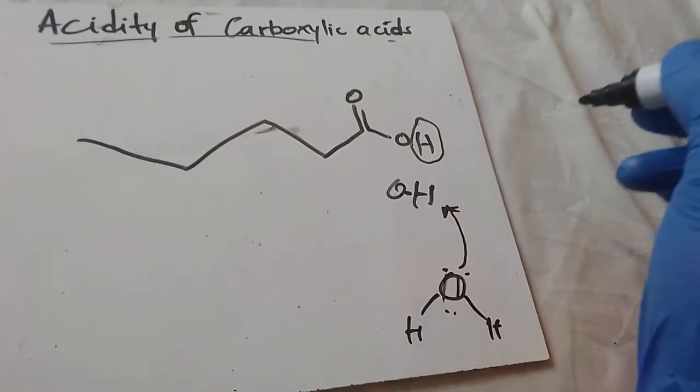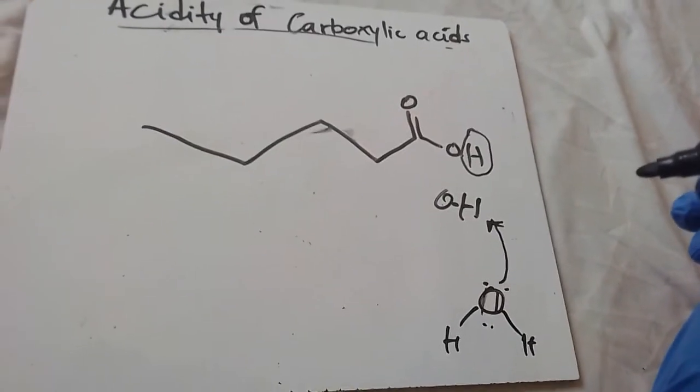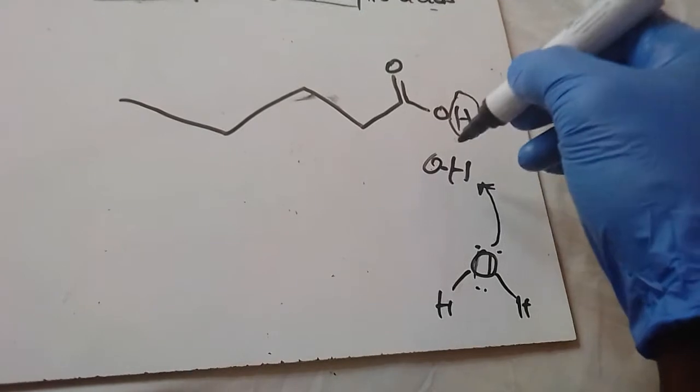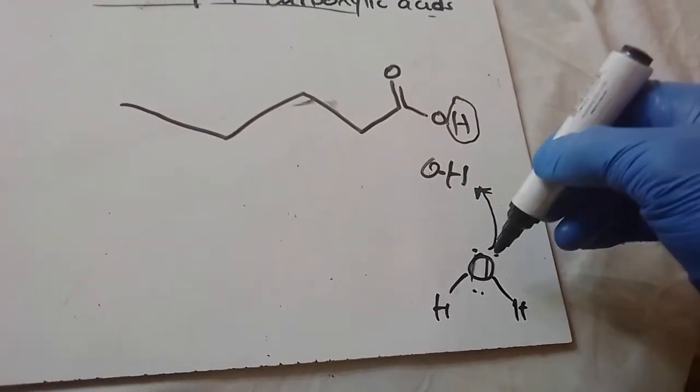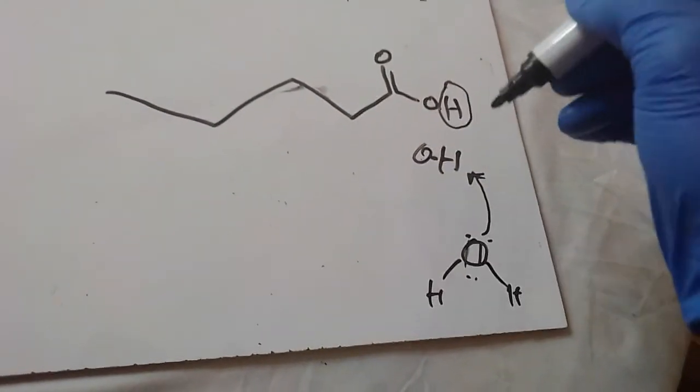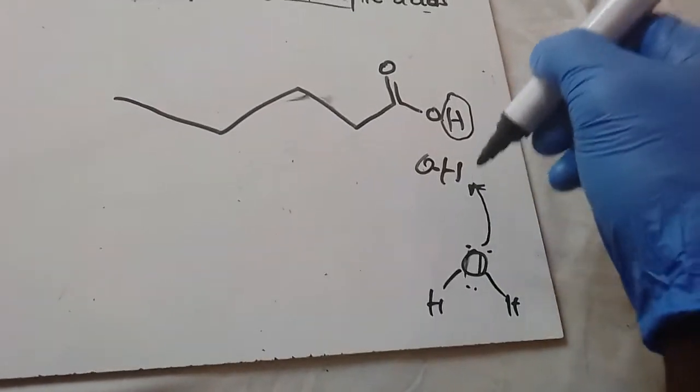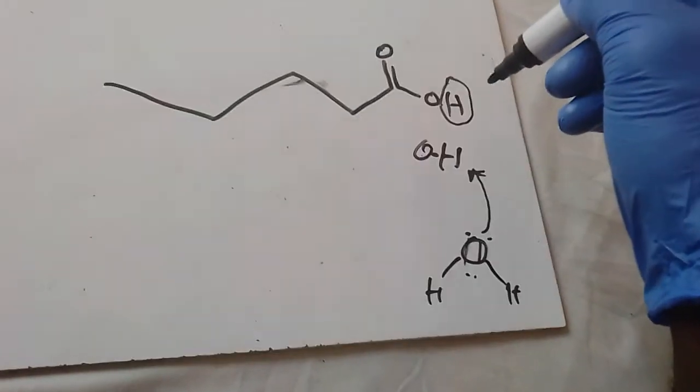It will take it, but it will hardly take it. If the bond between these two atoms is very strong, then a base can hardly take it. In other words, if the bond is very weak, then the base can easily take that hydrogen.